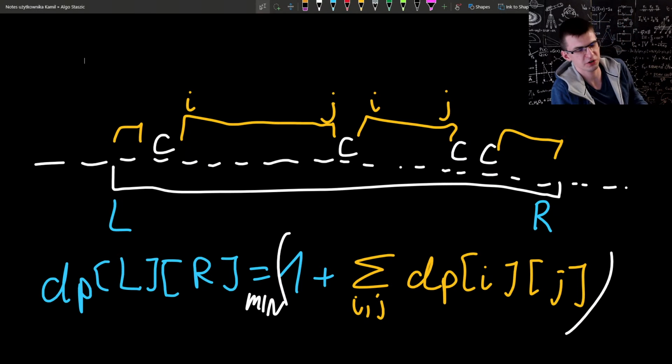Maybe you realize, oh, actually it isn't DP, it's this other thing. Or actually I don't need that state, I need something else. Like instead of LR, you will need some first character, last character, like the value of them from 1 to 26. So the base case, I take care of last.